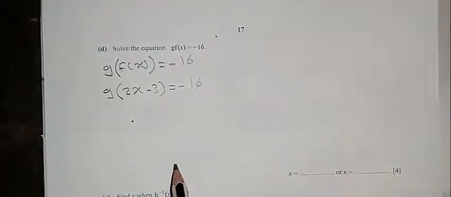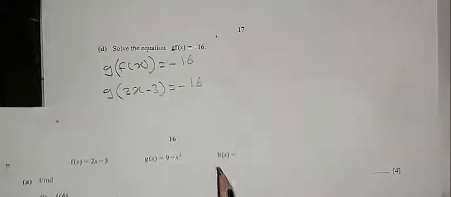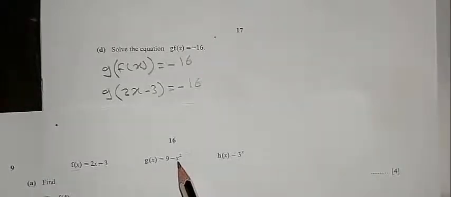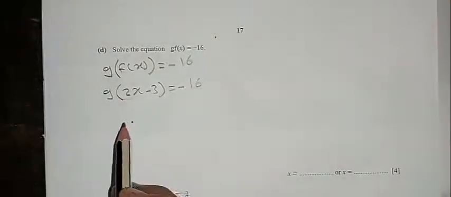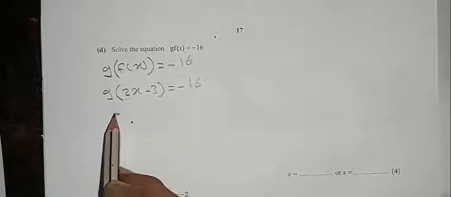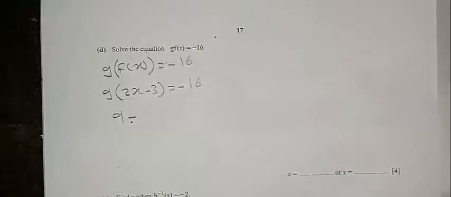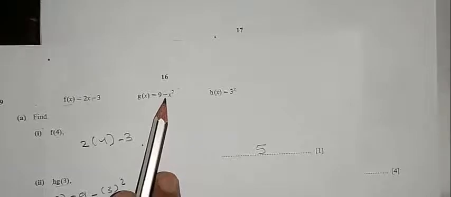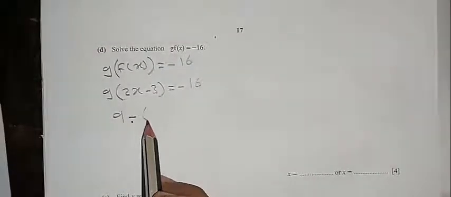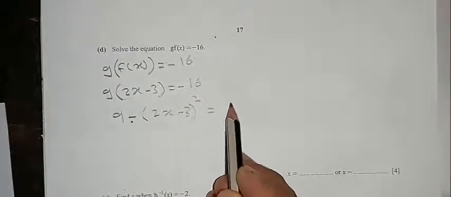Now we go to the function g, which is 9 minus x squared. We replace this x by 2x minus 3. So we are working in the function g: 9 minus, we remove x and put (2x minus 3) all squared, and this equals negative 16.